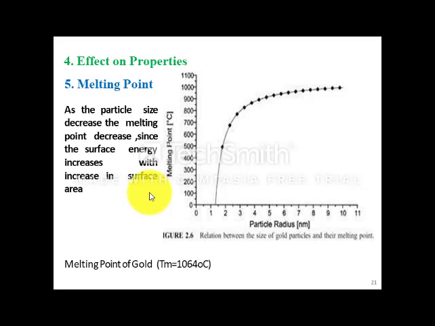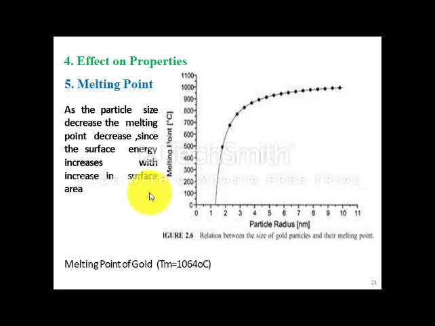So the heating energy which we provide to melt the substance will be efficiently provided to the material, and the material will melt at a very low temperature. A very small amount of energy will be required to melt the solid material.